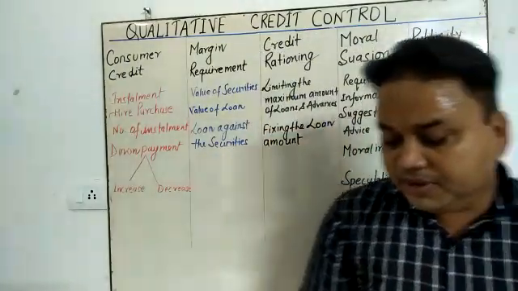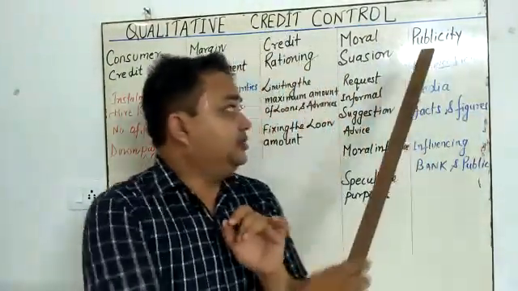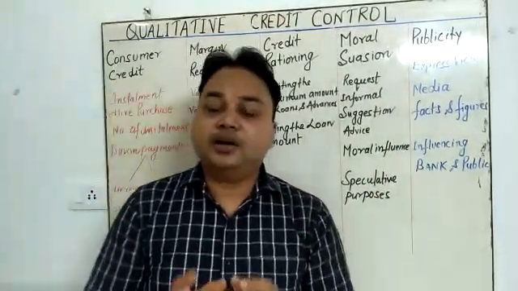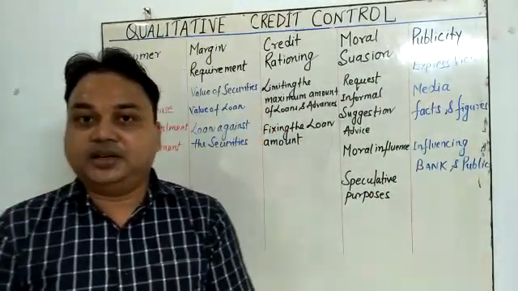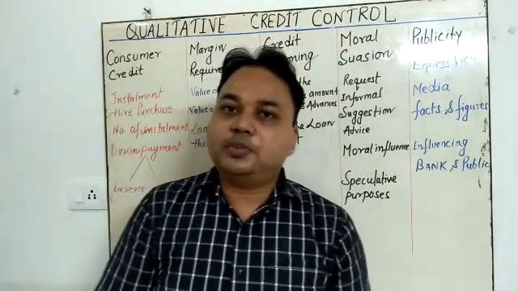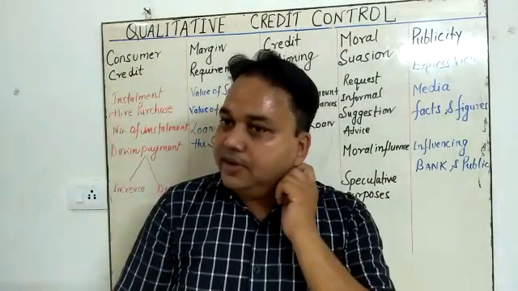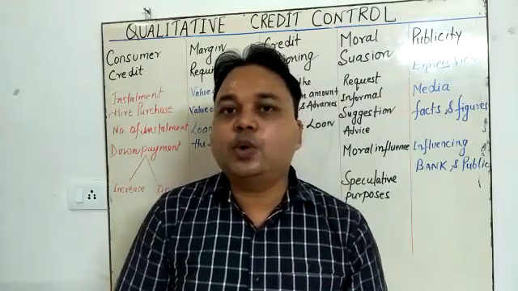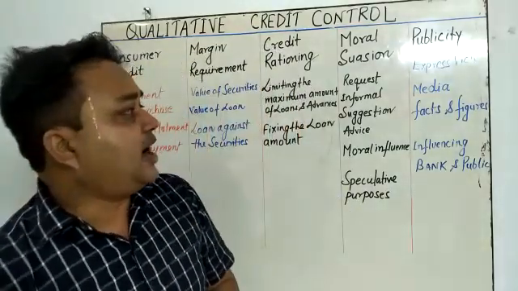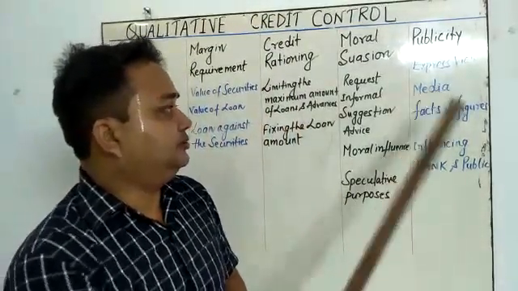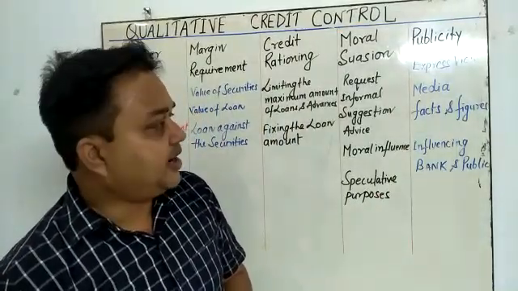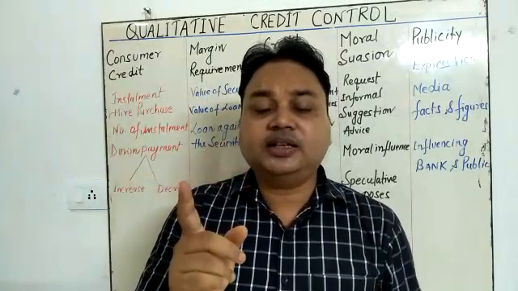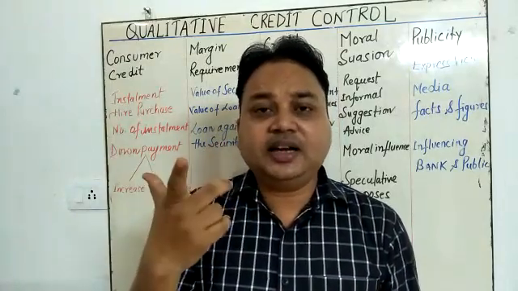Now the fourth point is called publicity. My dear student, here publicity means that commercial banks of any country depend upon the central bank. So the central bank of every country gives publicity. Publicity means it gives facts and figures to the media. What are these facts and figures? There are two: first is fiscal policy, second is monetary policy.